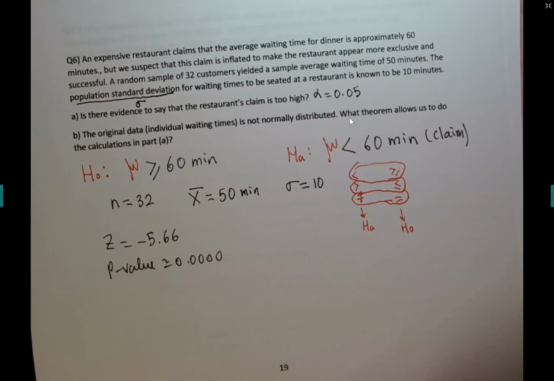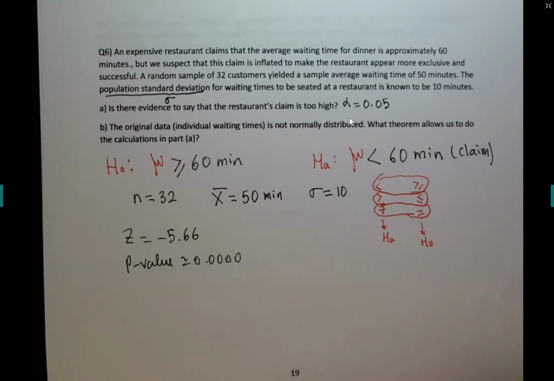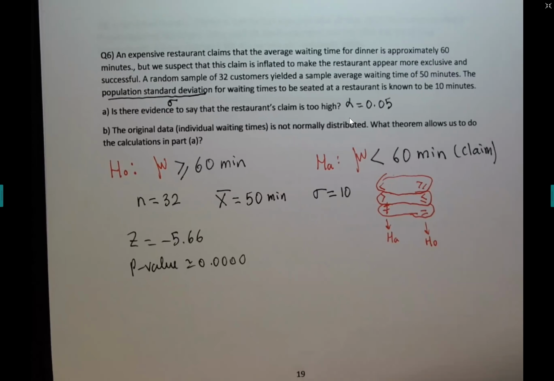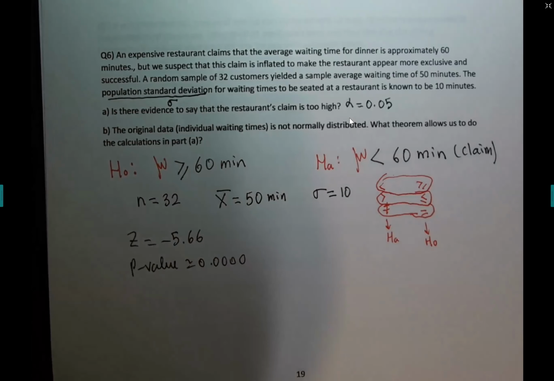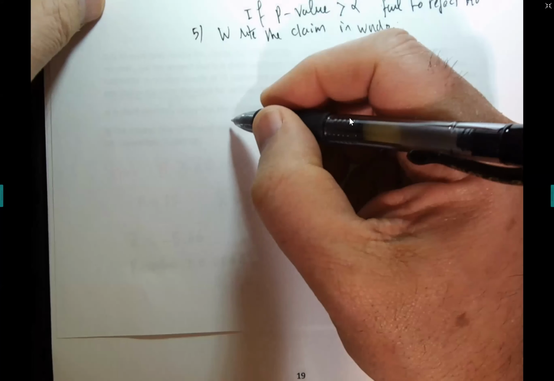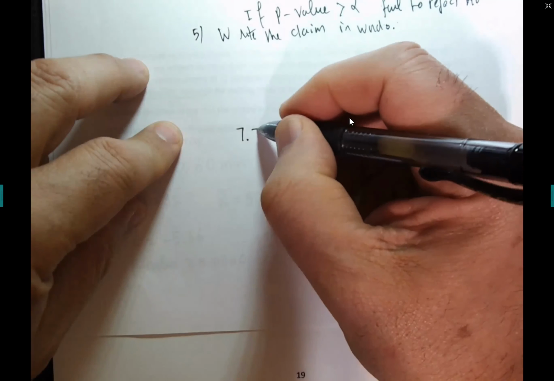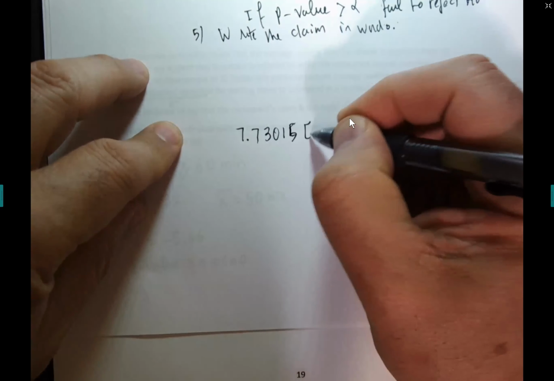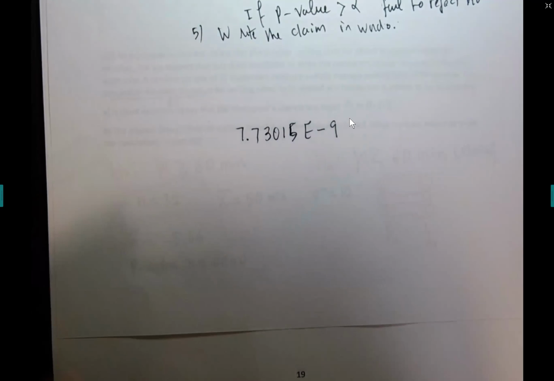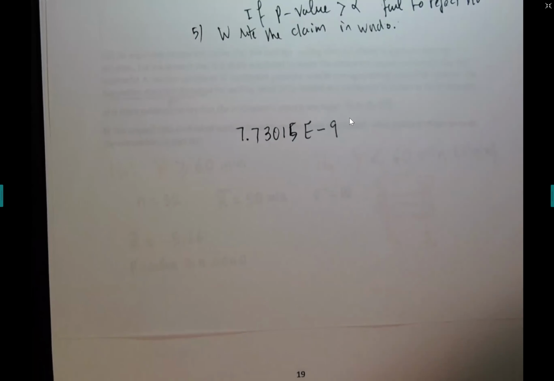I have a question. Mm-hmm. On my calculator, because it's the older one, the p-value came up as 7.73015, but it did have the exponent with the -9. Yeah, let's interpret it. What did you get? 7.73015 with the exponent -9. Yeah, no problem. Let me tell you, you guys don't ignore the e -5, -9 here when you write the answer.